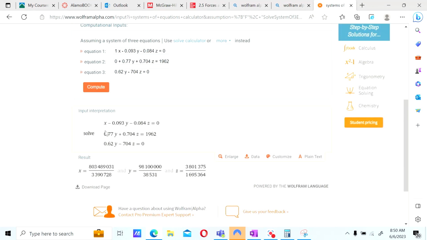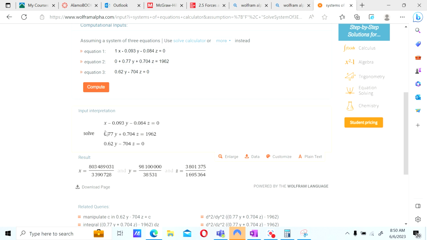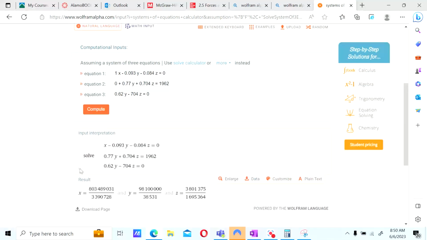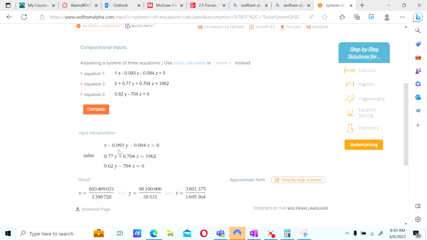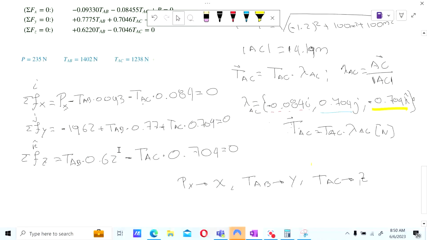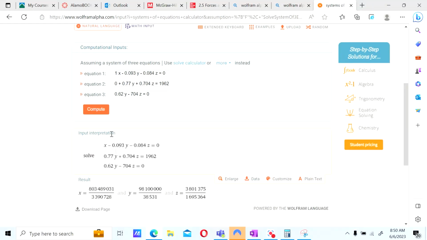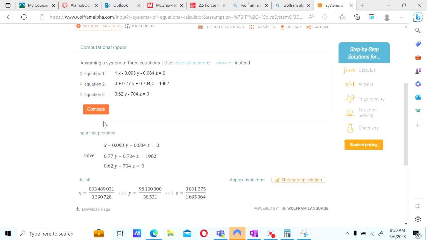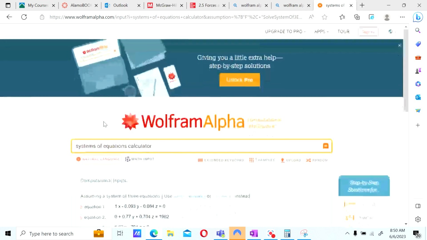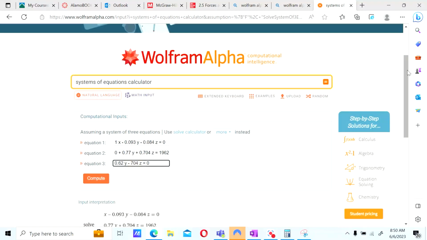Okay, so let's go ahead and fix that: x minus 0.093 minus 0.084, 0.77 plus 0.704 y, 1962, 0.62 minus, oh, it's not 700, it's 0.704.